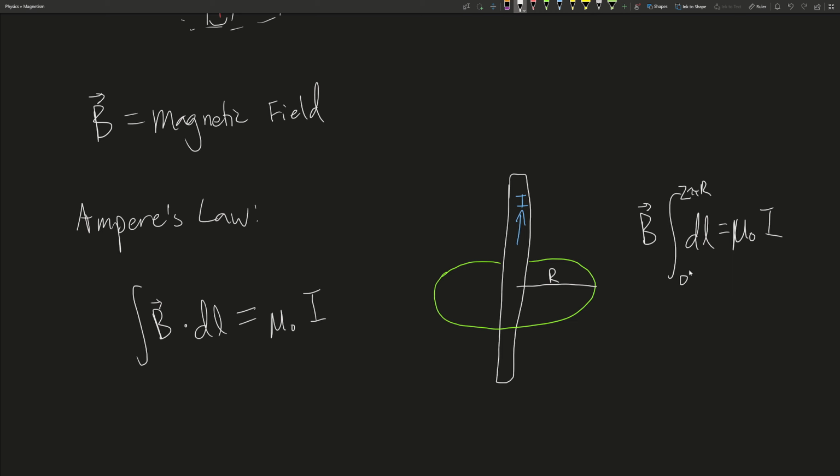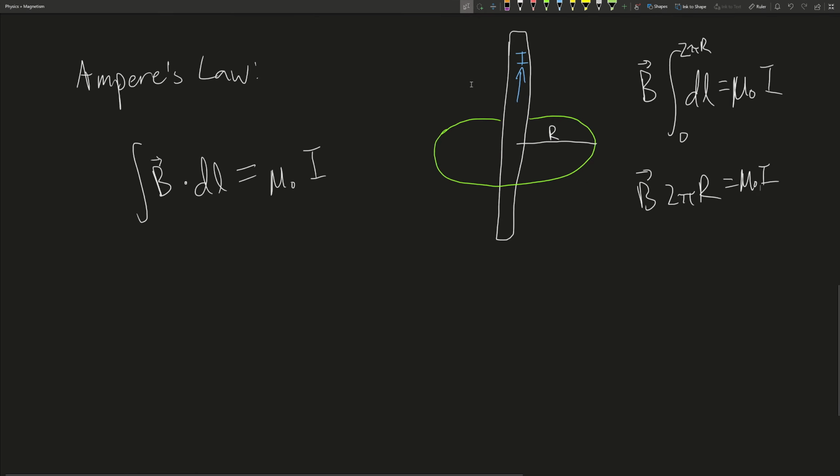So what we get is B 2 pi r is equal to mu naught I. So for the magnetic field strength around a straight current carrying wire, B is equal to mu naught I divided by 2 pi r.